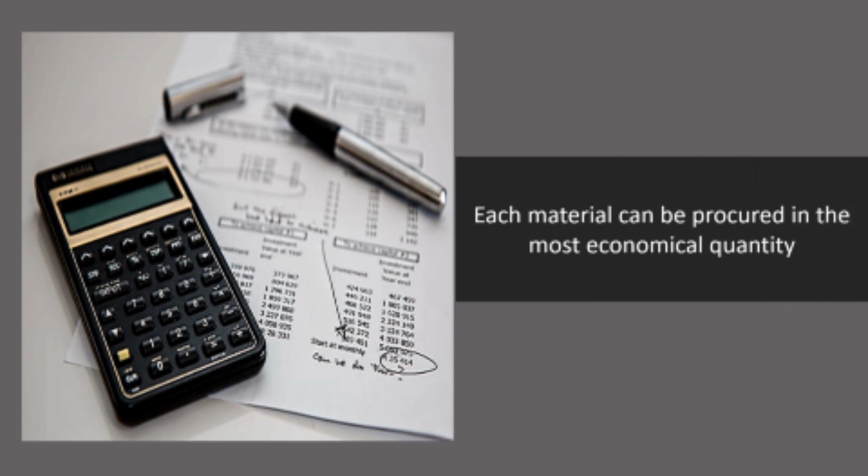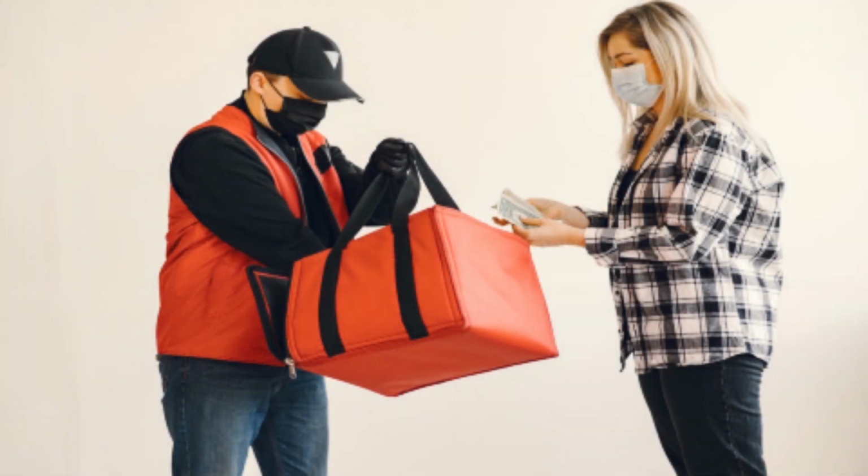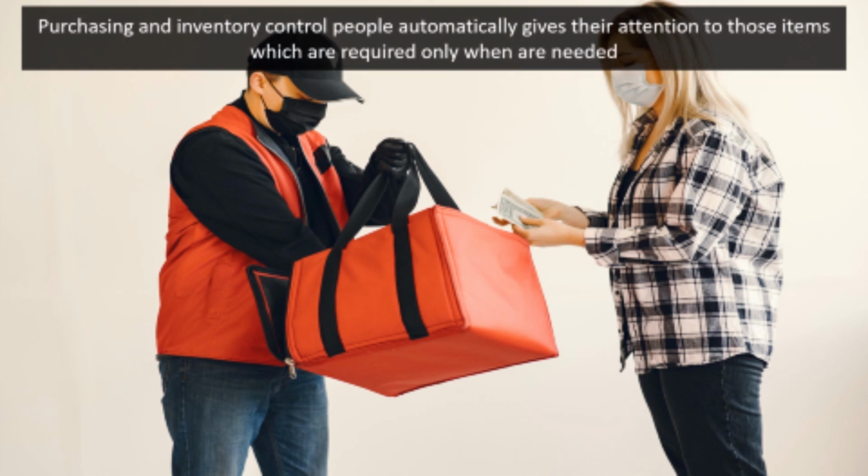The second, purchasing and inventory control people automatically give their attention to those items which are required only when needed, so you can have better monitoring of those inventories. The third, positive control can easily be handled to maintain the inventory investment at the desired level by calculating the predetermined maximum and minimum values.